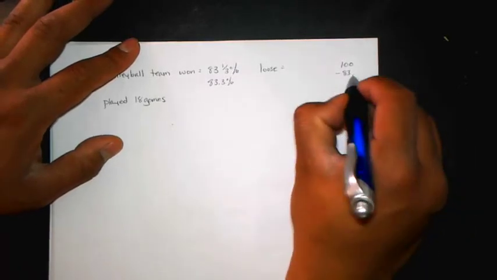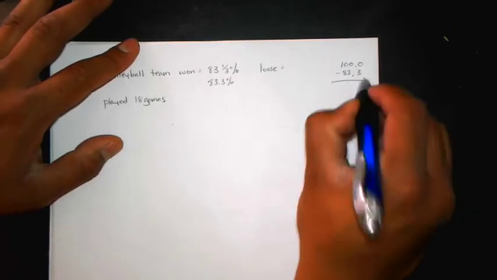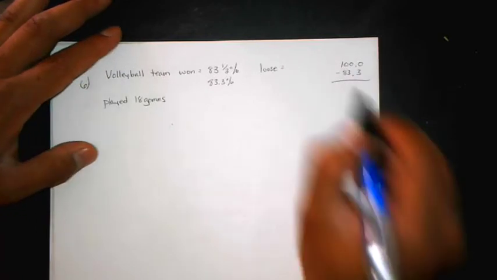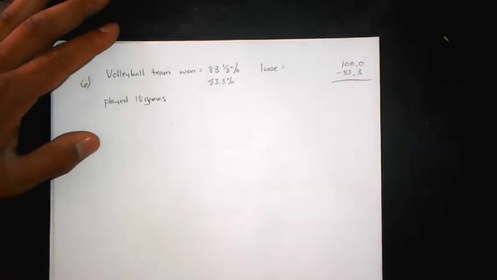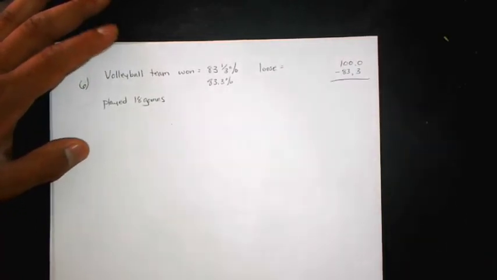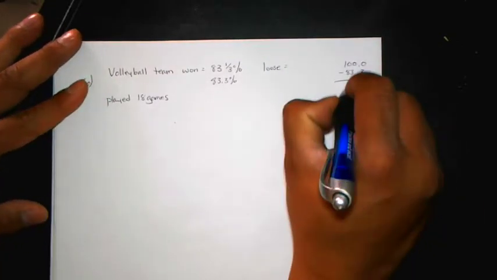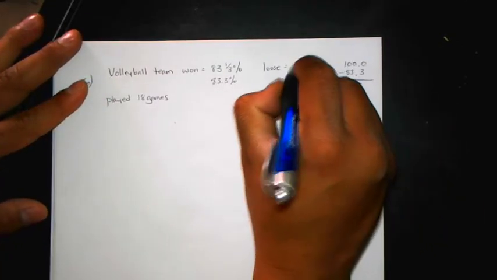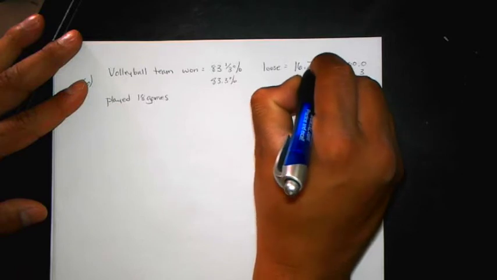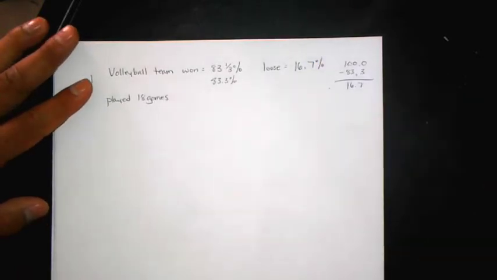Okay, because it turns out to be a lot easier to work with. So you go ahead and subtract those two. So 100 minus 83.3 should give me what? 16.7. So therefore, they lost 16.7% of their games.